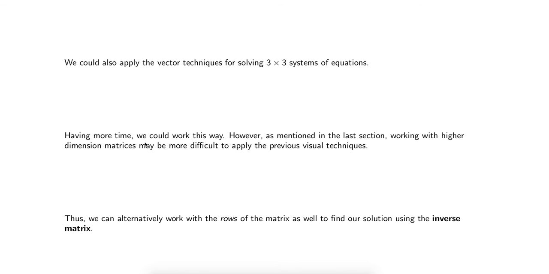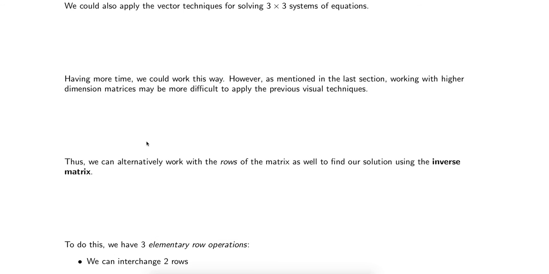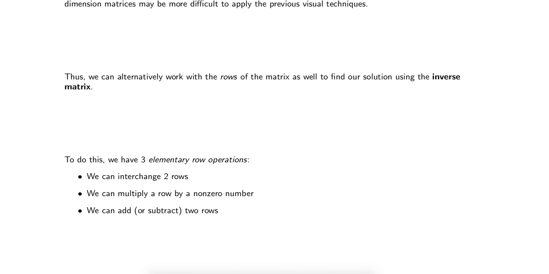But we can always work with the rows of a matrix and find our solution using the inverse matrix. We are going to focus on the 3 types of elementary row operations: we can interchange 2 rows, multiply a row by a non-zero number, and add or subtract 2 rows as well, just like it was for the 2x2s.